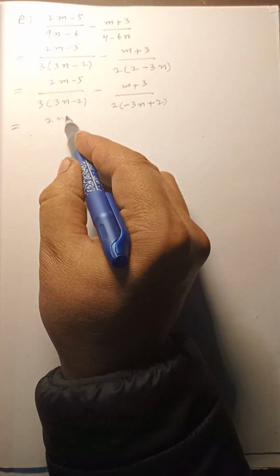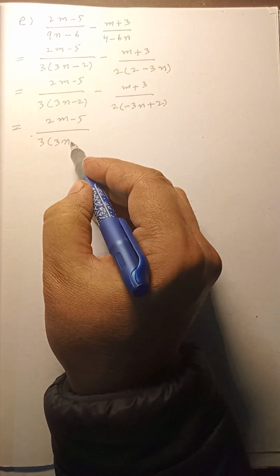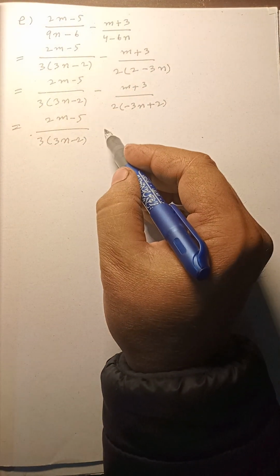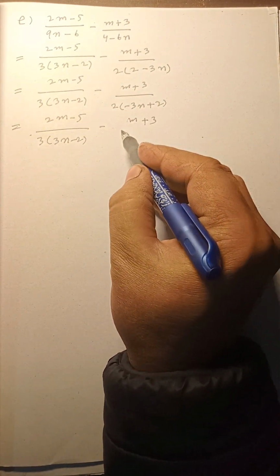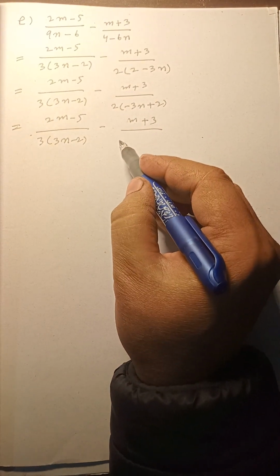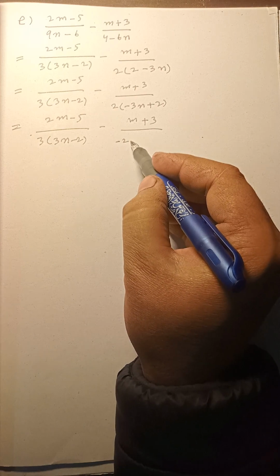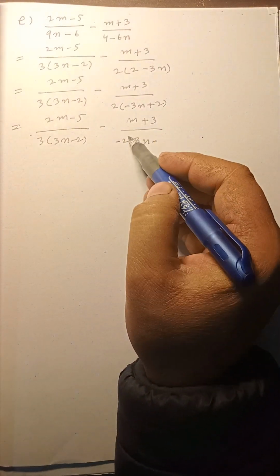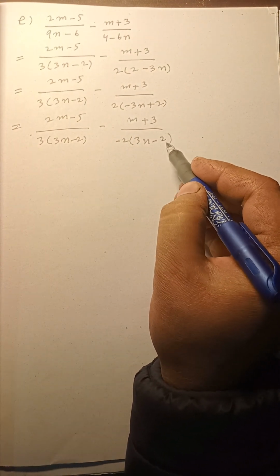Now (2m-5)/3 into (3n-2), and this minus sign here, (m+3) over minus 2, this minus has been brought out of the bracket, into 3n. Due to this minus sign, the inner sign is changed, minus 2.